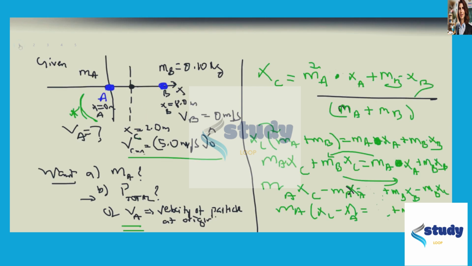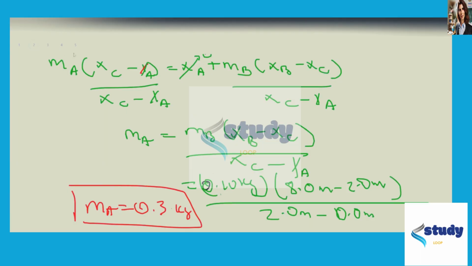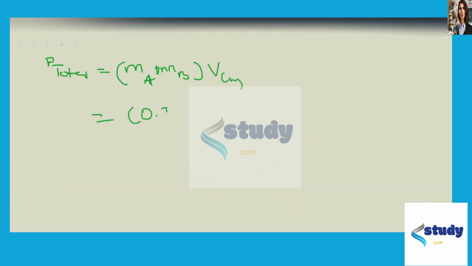The mass of A, we got that was, coming back to, the 0.3 kilograms, plus the mass of B, which was 0.10 kilograms, times the velocity at the center of mass, which happens to be 5.0 meters per second I hat.